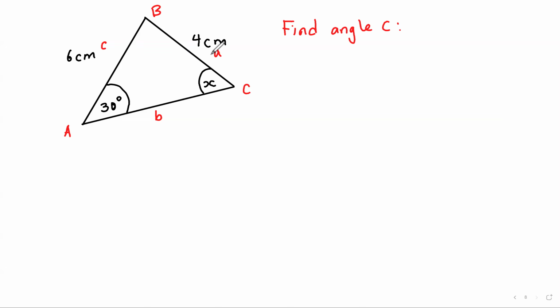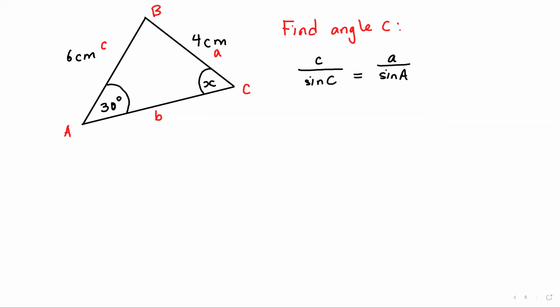So if I'm looking at C, that would mean that C over sine of C is equal to A over sine of A. I'm using these because that's what I'm given, right? I have angle A and I have side A, and I have side C. I'm trying to find angle C.